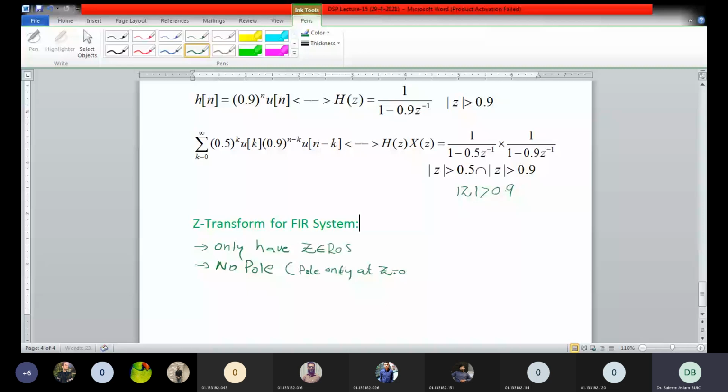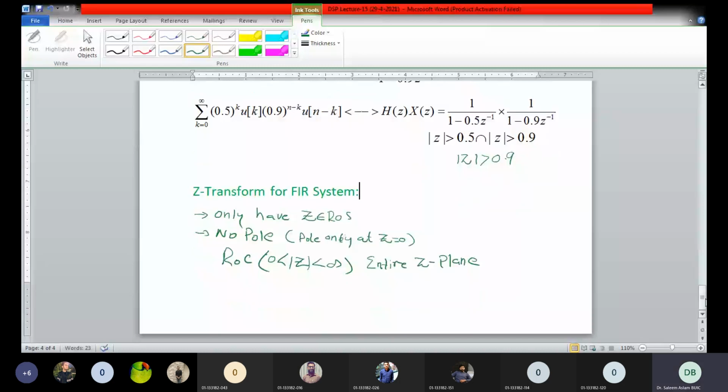What about the ROC? Their ROC would be mod z greater than 0 and mod z less than infinity, the entire Z plane, because for each value of z, they behave like a stable system.